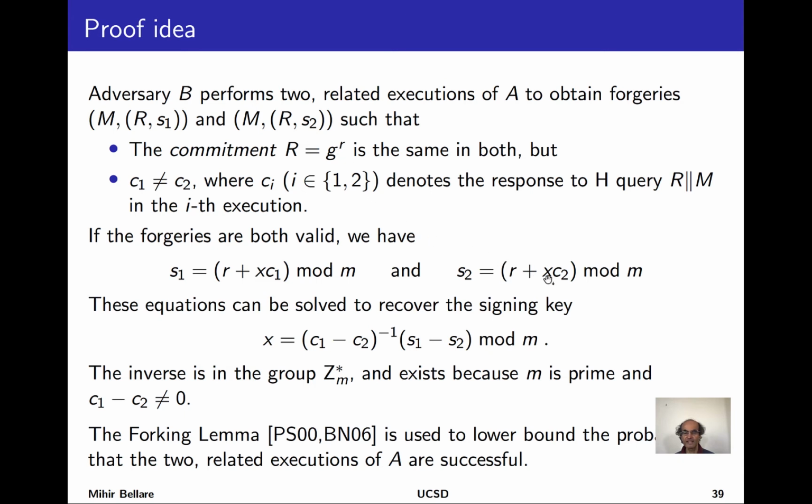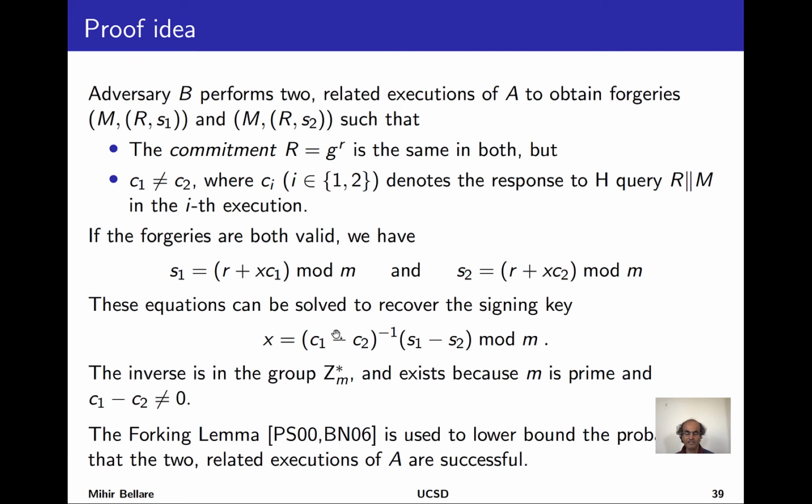And of course, the signing key is the same in both, but the C's are different. But here now we have two equations in two unknowns. The unknowns are R and X. So we can solve them. And we don't really care about R, but once we solve for X by this formula, we're done because we've recovered the signing key, which is the discrete log of the verification key.